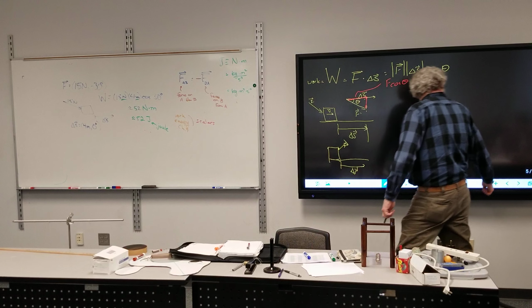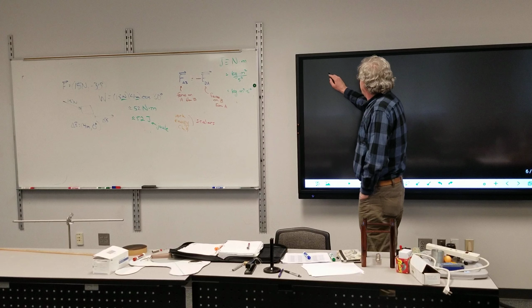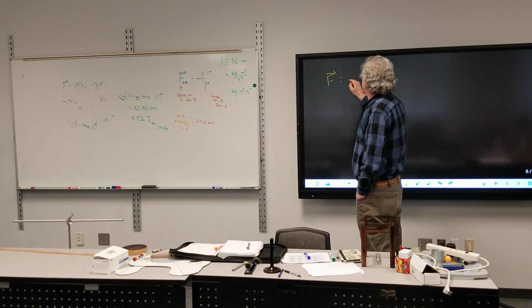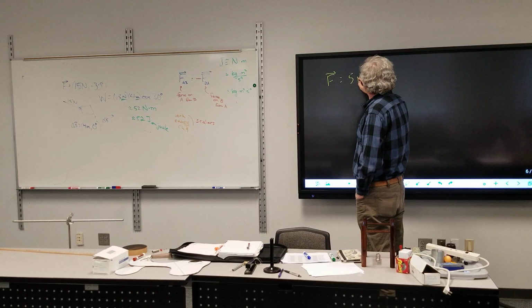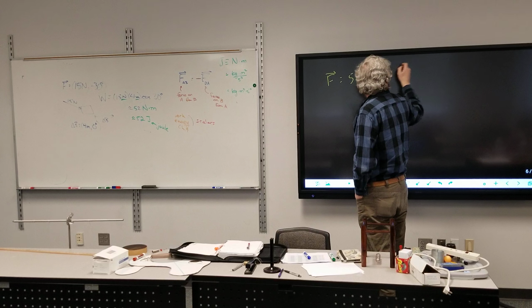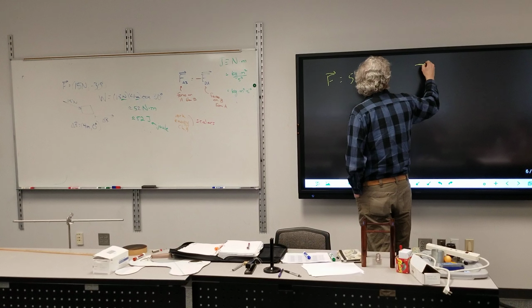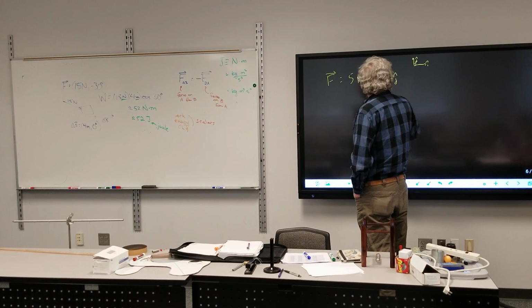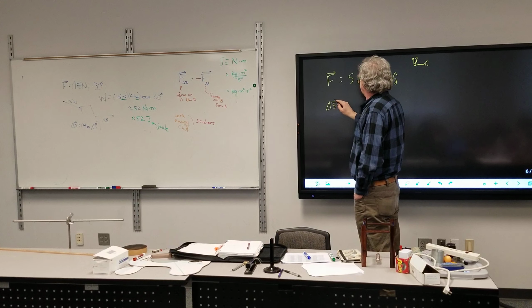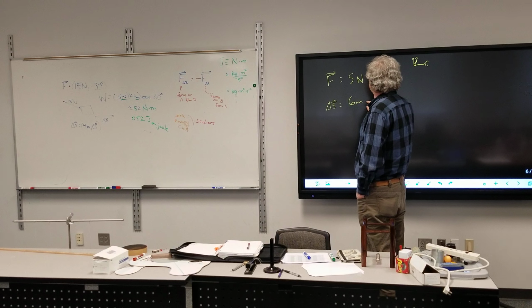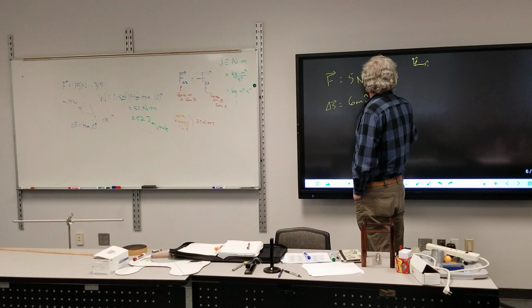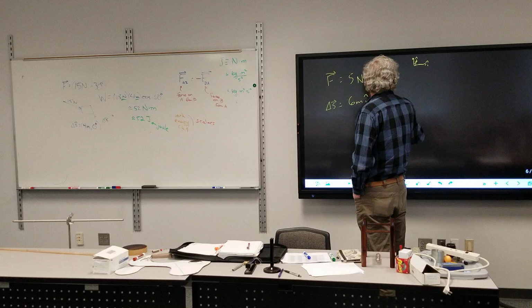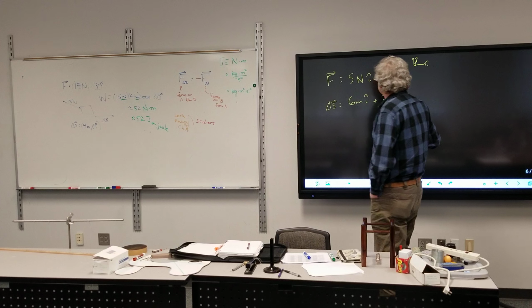All right, let's do another quick example here. I have a force of 5 newtons i hat. So establish i hat, j hat. Minus 3 newtons j hat. I have a displacement of 6 meters i hat plus 7 meters j hat.